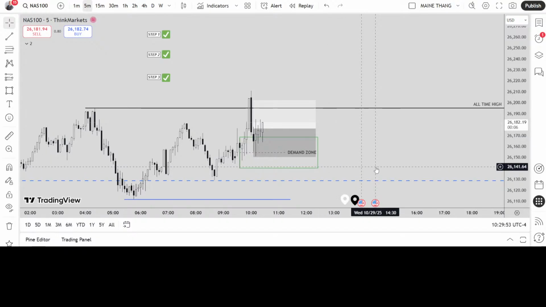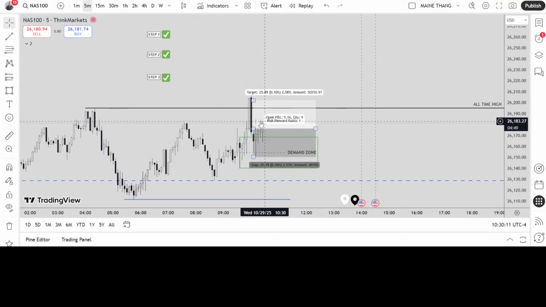A couple seconds left on this candle. I like to see the bullishness. Still didn't break that high though. Not break the high of that candle right there.